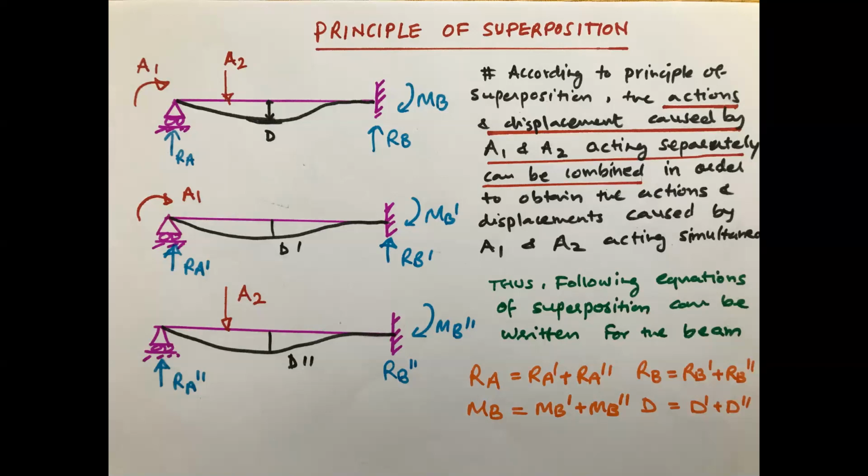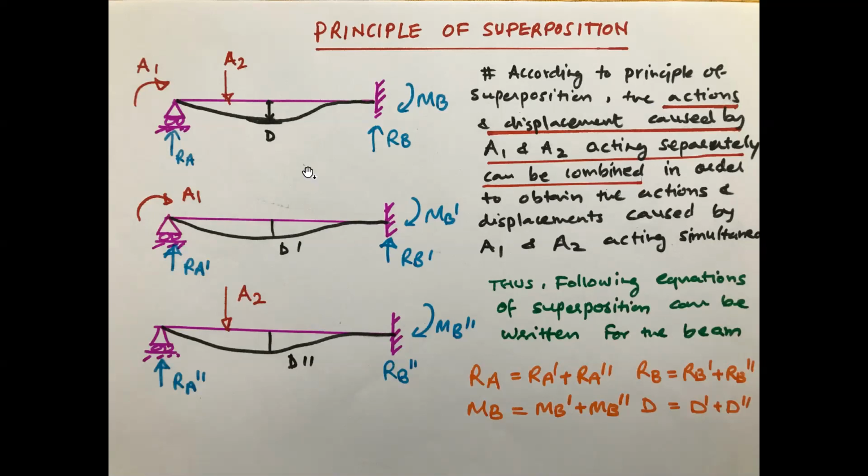Why we are able to use this superposition, I am again repeating, is because we have a linear relation between the force and the deformation. I hope all of you understand linear and non-linear. Force and the deflection: let's say delta is equal to PL cube by 3EI.